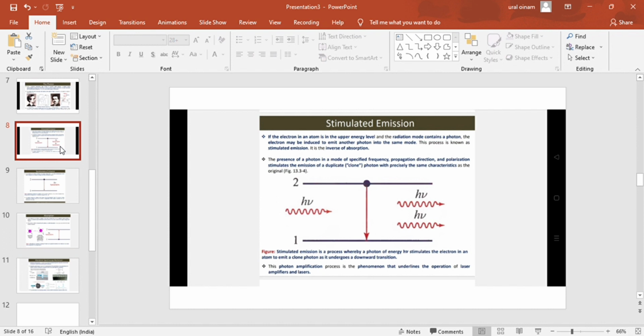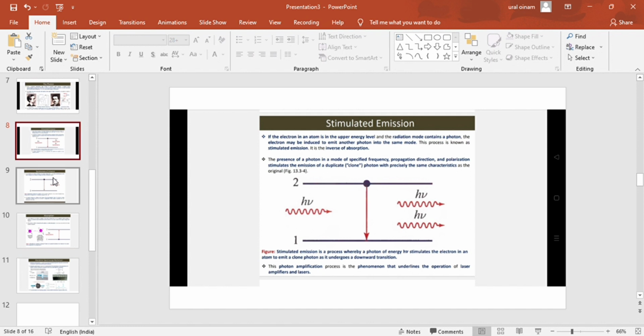This photon that is released gets absorbed by an already high energy electron, and when this high energy electron absorbs this extra photon, it has twice the amount of energy, so it becomes unstable, and then it goes down to its low energy state, and when it goes down, it releases another photon, and this photon again gets absorbed by other high energy electrons, and this continues the same process and releases four other photons, and this is known as the stimulated emission.